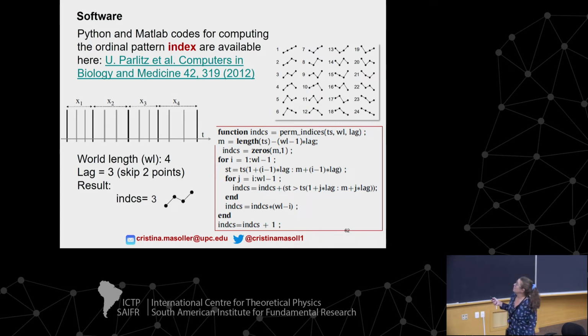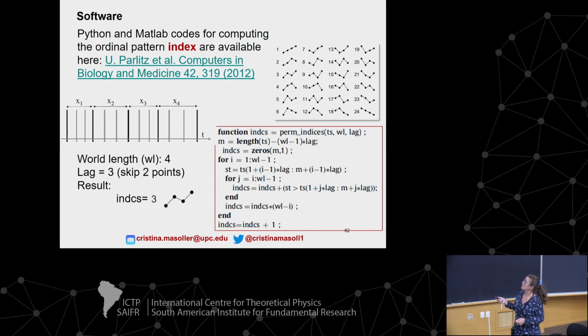And of course, you can use another parameter. So one is the time series, the word length, and then the third one is the lag. You might want to give a long time series and give a lag of 3. So do not consider consecutive points, but return my number using a lag.